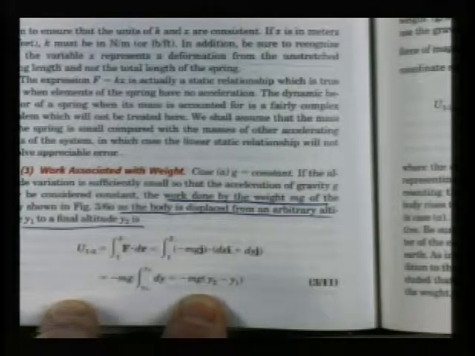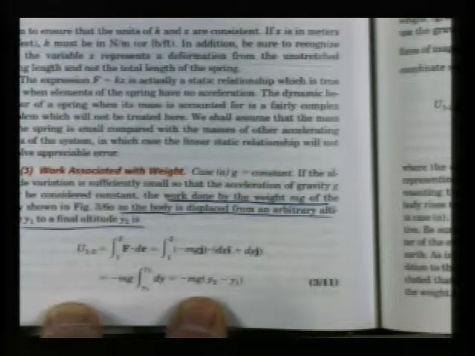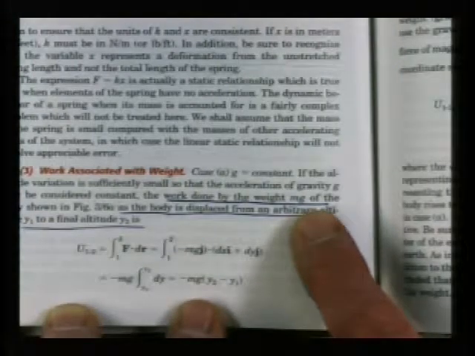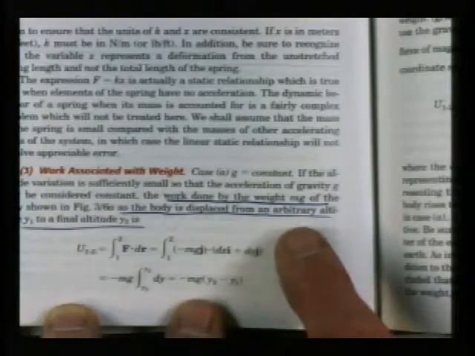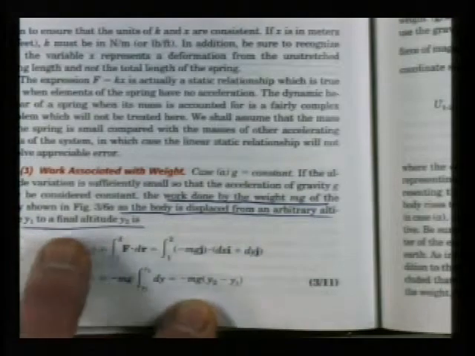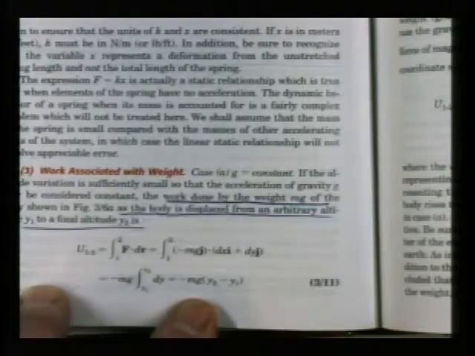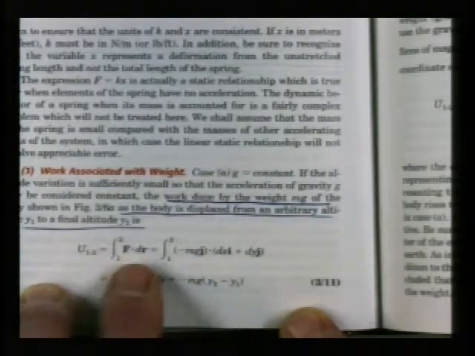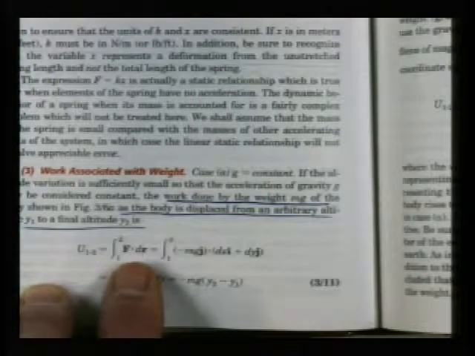But look at the wording in this section of the book for how they describe the work done. It's the work done by the weight, mg, of the body as the body is displaced from an arbitrary altitude y1 to a final altitude y2. They've laid it out here in vector form for the dot product, so look carefully at that.